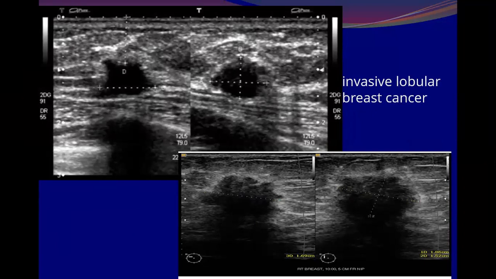Regarding the focal zone, the grayscale, dynamic optimization, TGC, which one is more optimal? The upper one.